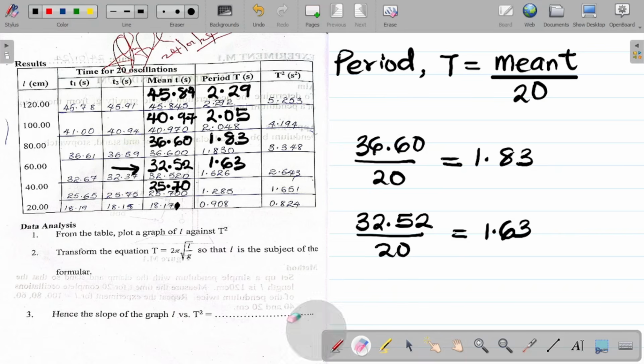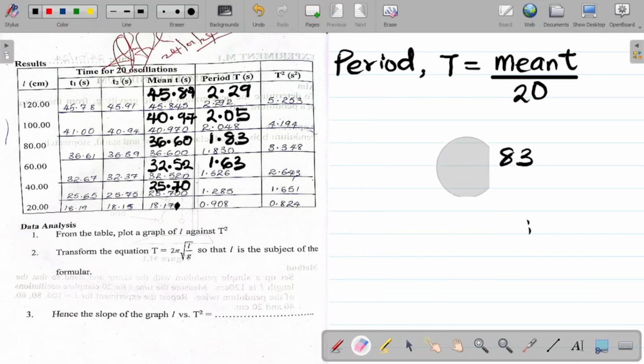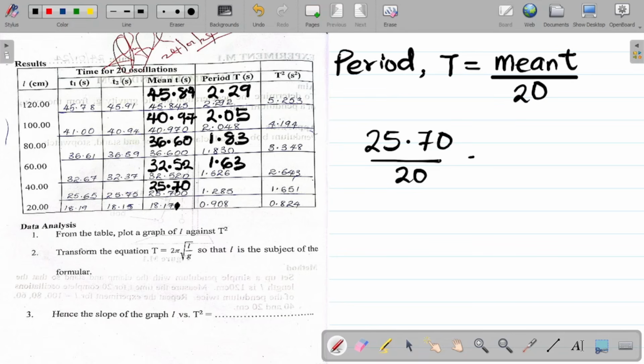Okay, so what's the next in there? Let me take this one off. So next up is this one here. Divide this by 20: 25.70 over 20 is about 1.29 approximately, in two decimal places.